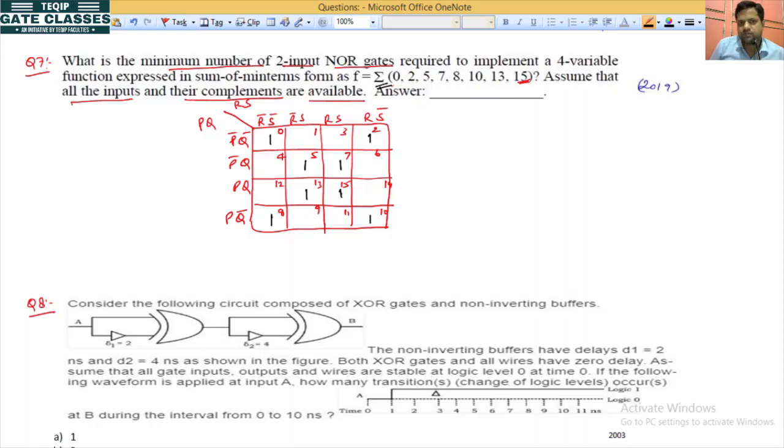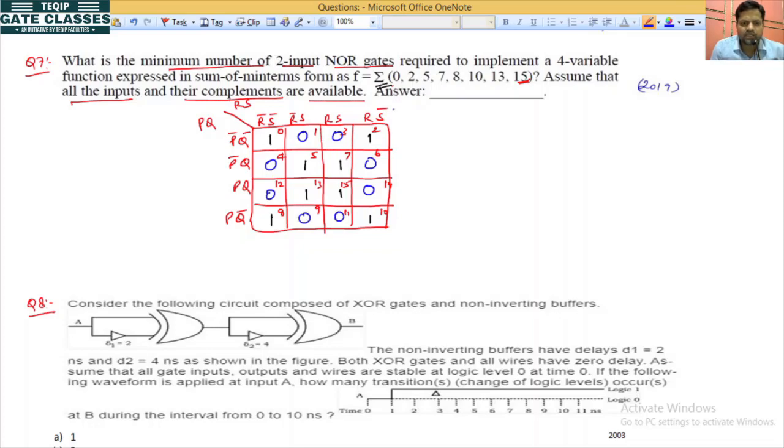Because if our expression is in product of sum, then it is very easy to implement with NOR gates. So we have to write zeros in the missing cells.